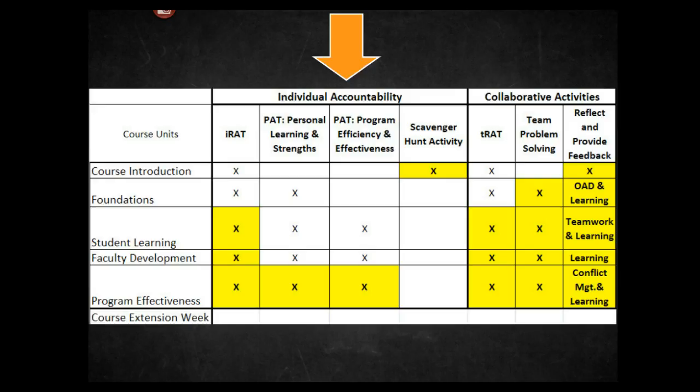And you'll see the IRAT, the performance assessment task related to personal learning and strengths, and the performance assessment task related to efficiency and effectiveness, and then the scavenger hunt activity. So you kind of see that the other thing you want to observe here is that the highlighted areas are things that you absolutely must do in order to move on and to complete the course.